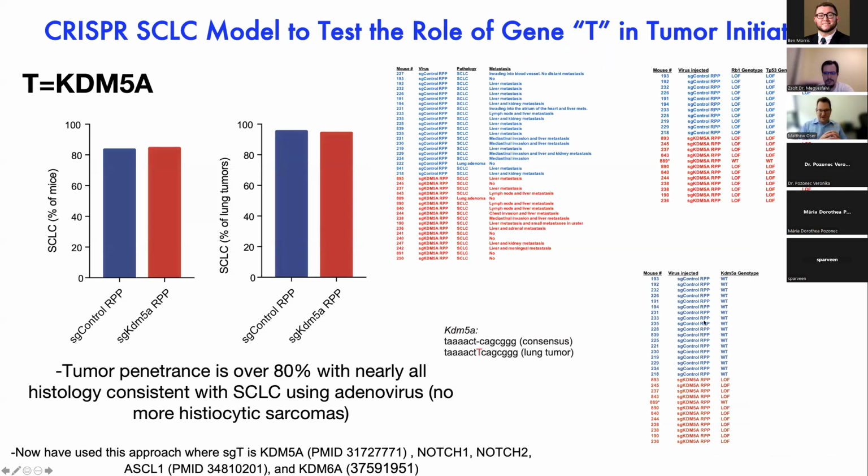We found that when we knock out KDM5A, tumorigenesis is delayed, but tumors were actually able to form in the absence of KDM5A. So all the tumors had these loss of function indels. And so I think there was plasticity associated with this model. We didn't really characterize it thoroughly at the time.